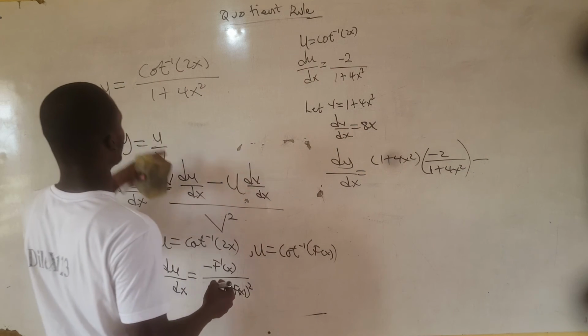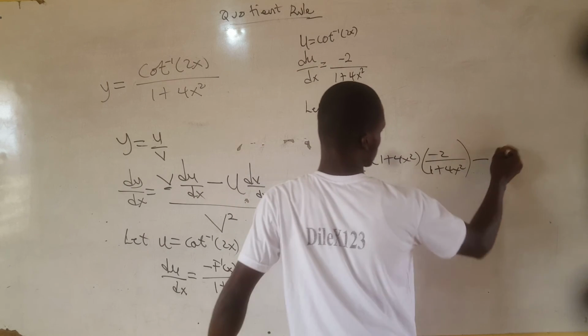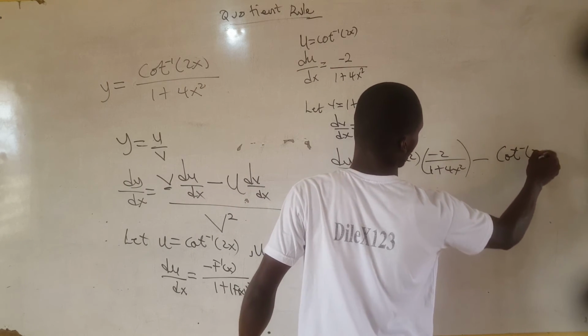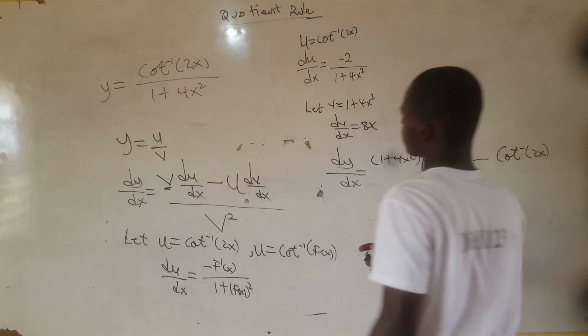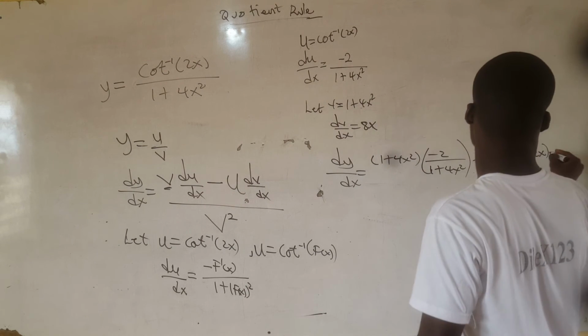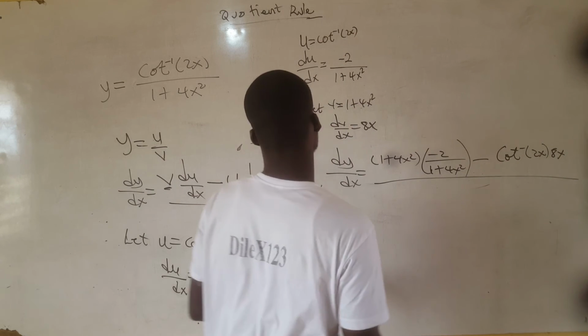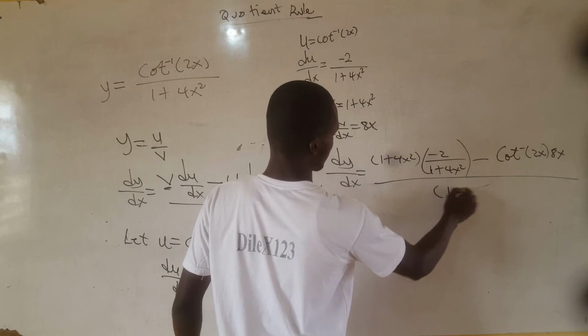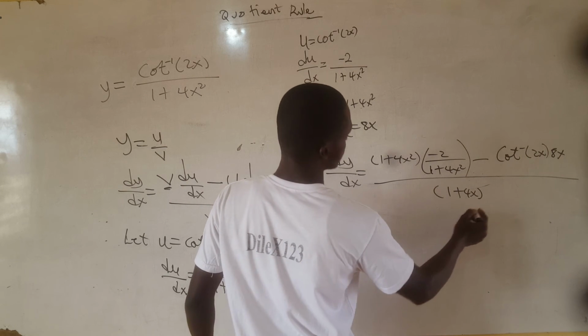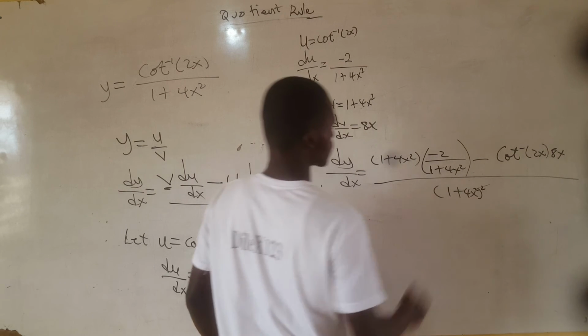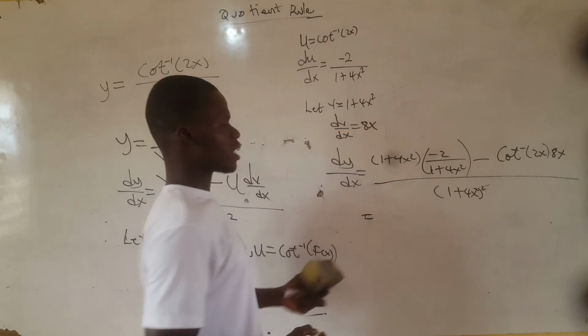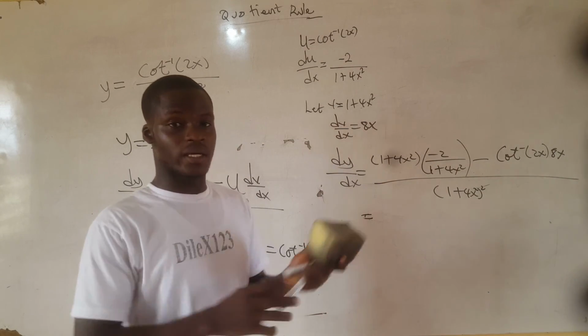So the u we have is the numerator, so that's cot inverse of 2x, times dv dx. And dv dx is 8x. All over v squared. So all over 1 plus 4x squared. So what we have to do is that we just need to simplify this and then we are done.